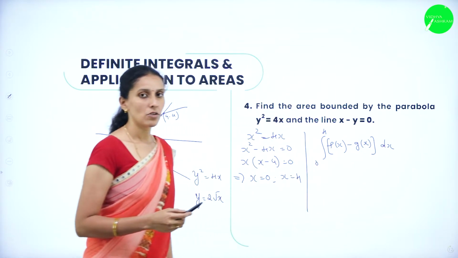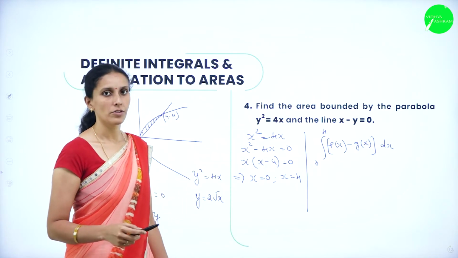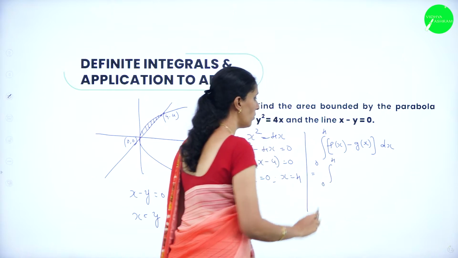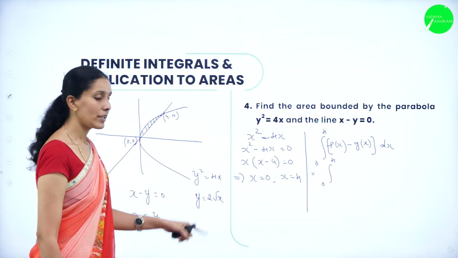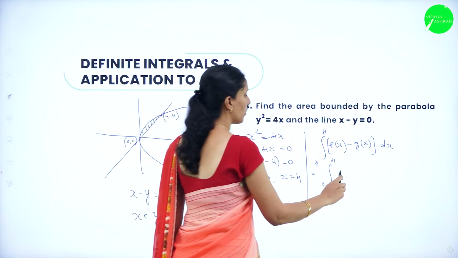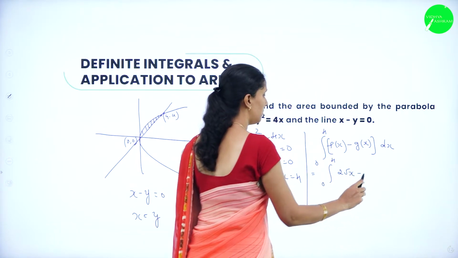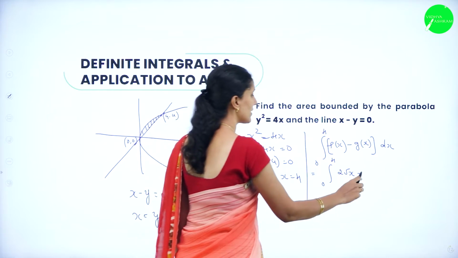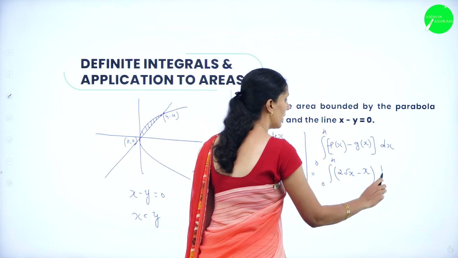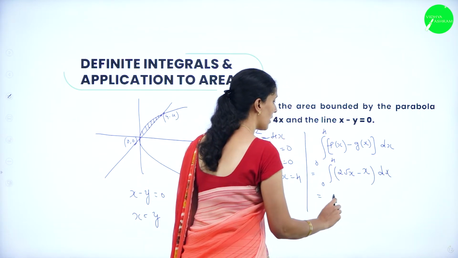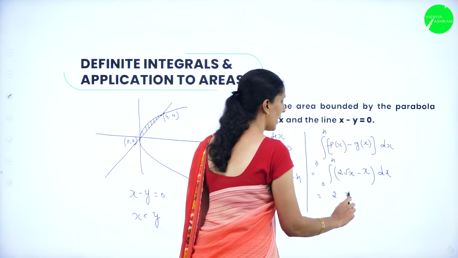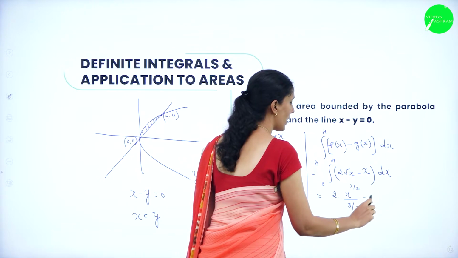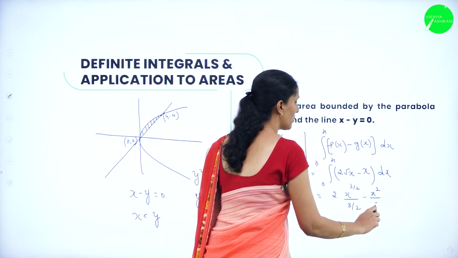So f of x is also in terms of x, g of x is also in terms of x. So this is equal to integration from 0 to 4, what is f of x? That is y is equal to 2 root x. 2 root x minus g of x, y is equal to x we can take. So this is x into dx. So the value becomes 2 into x to the power 3 by 2 by 3 by 2 minus x square by 2.